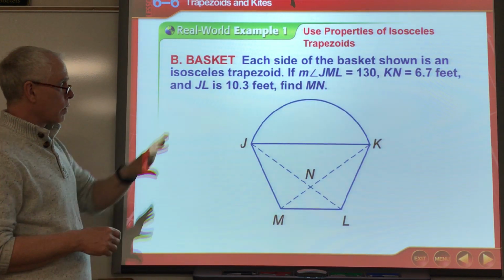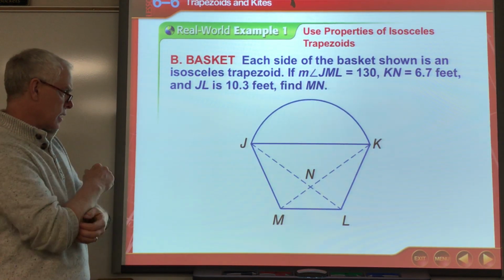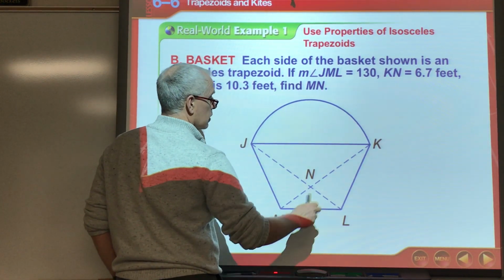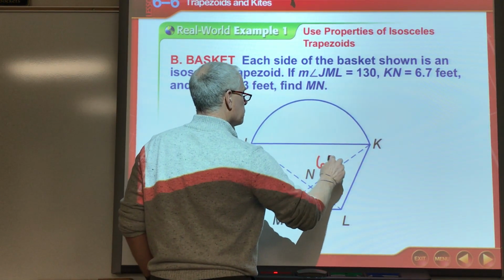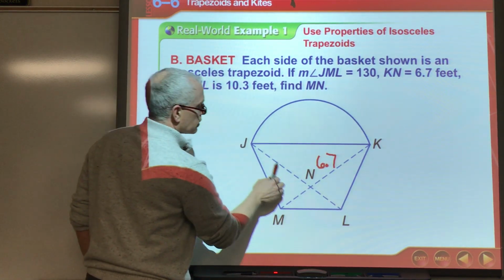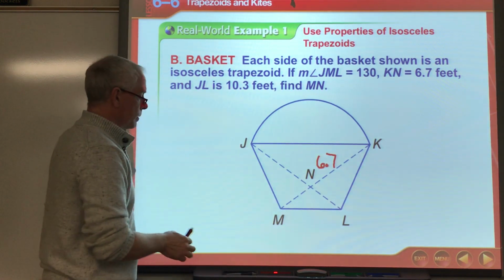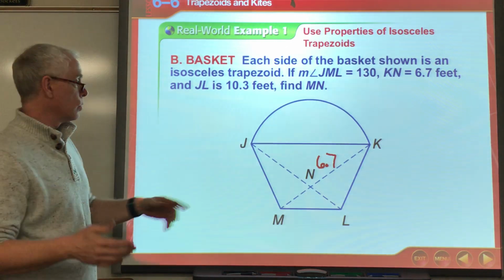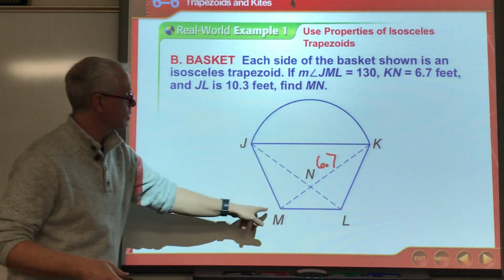Okay, so now, what if I use some of that other information? I want to find MN. They tell me that KN is 6.7, and they tell me that JL, that entire diagonal, is 10.3. Well, in an isosceles trapezoid, the diagonals are congruent. So if this one's 10.3, so is that one.